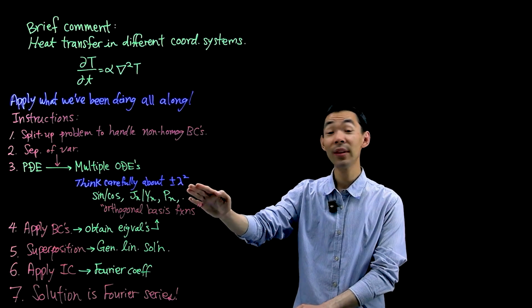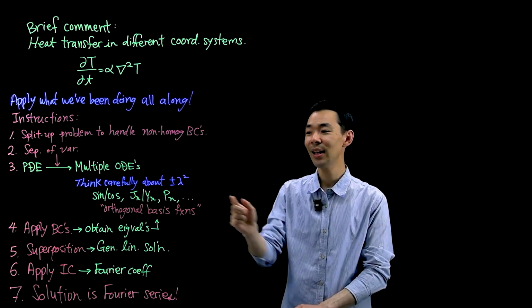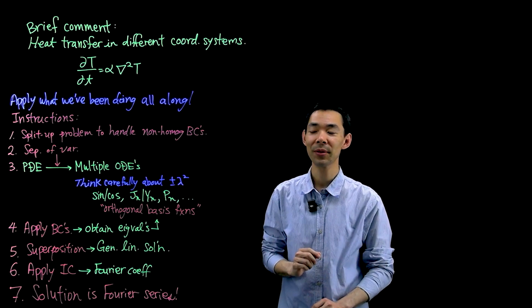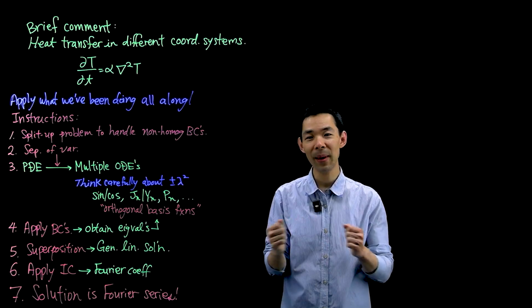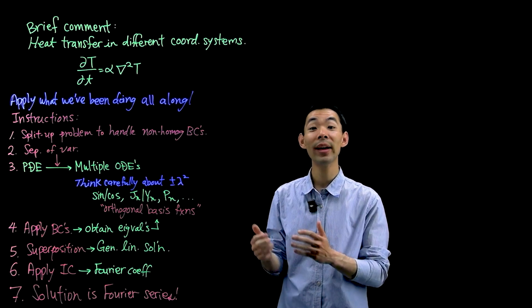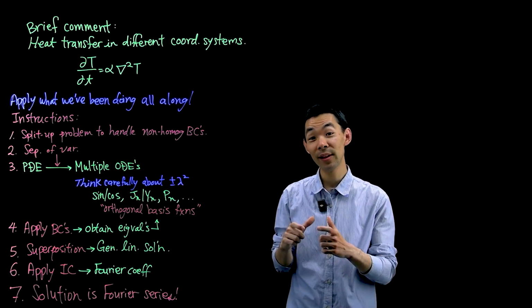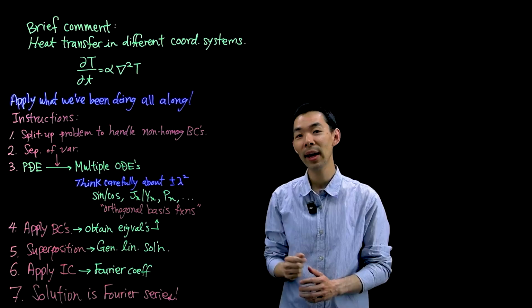This is a step where you have to think carefully about the positive or minus sign of lambda squared, where you separate the different independent variables. And you want to think carefully which direction you want to expand in your Fourier basis function. Sines, cosines. If you're working with cylindrical coordinate geometries, you'll get Bessel's functions, Jn, Yn's.